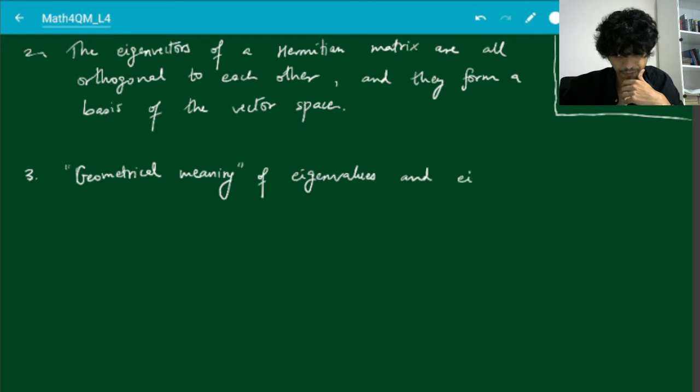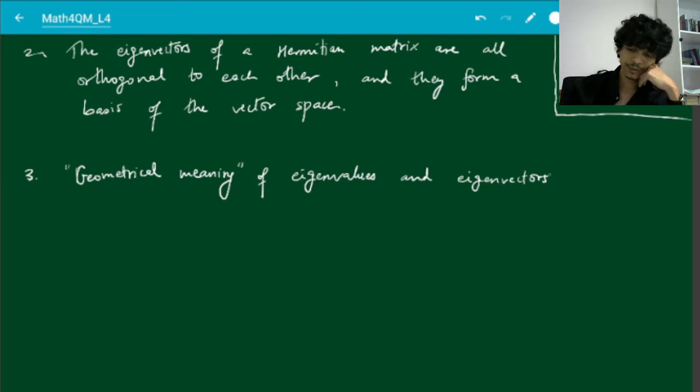So I said that eigenvectors were those directions that only get stretched under the operation, and eigenvalues represent the amount of stretching that they experience. Now let's say I give you a matrix, and for simplicity let me take a 3 cross 3 matrix. If I give you a matrix A which is 3 cross 3, and you find its eigenvalues and eigenvectors.